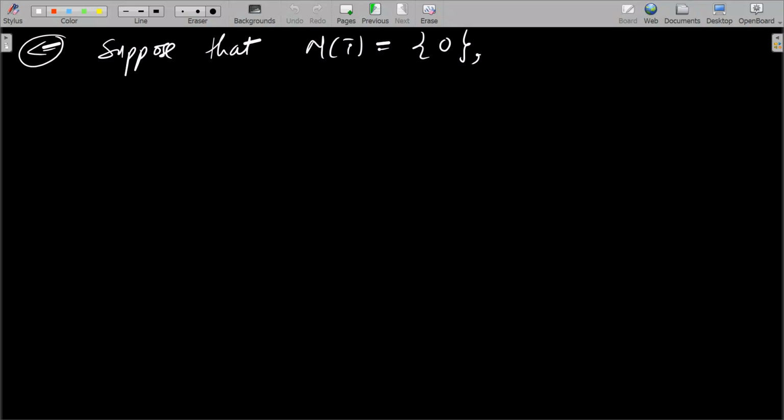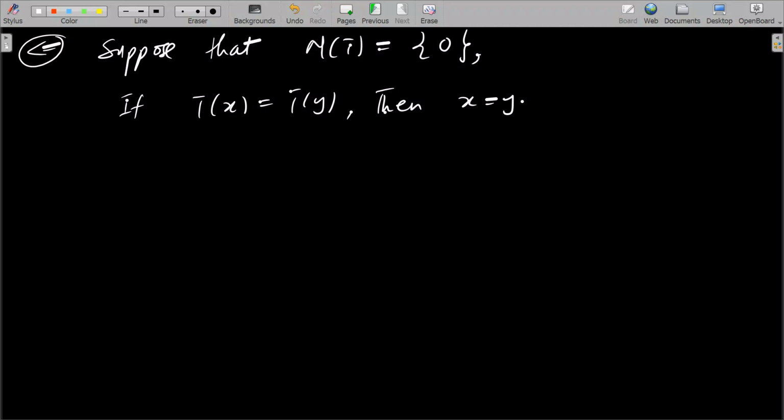This is how the 1 to 1 proof goes. To show that something is 1 to 1, if T of x is equal to T of y, then x is equal to y. That's what I want to show.